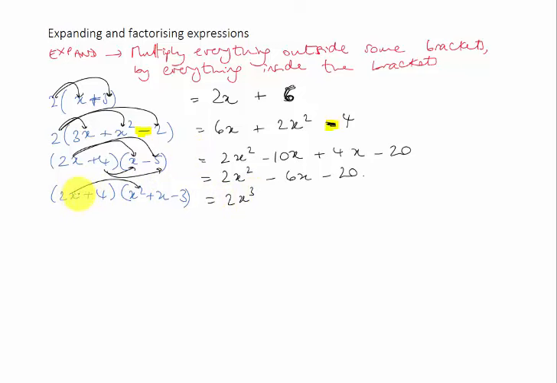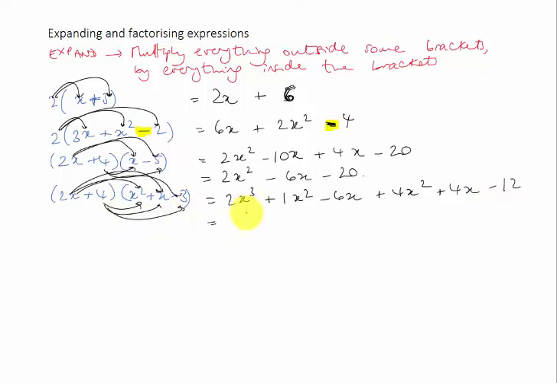That's fine, not a problem. 2x times 1x gives us 1x squared. 2x times minus 3, that's minus 6x. And then with the 4, do the same thing, so 4x squared, plus 4x, minus 12, plus 4 times minus 3.